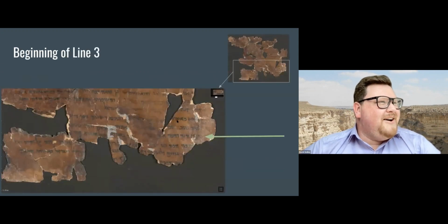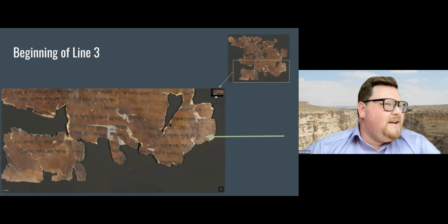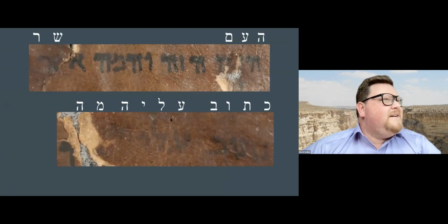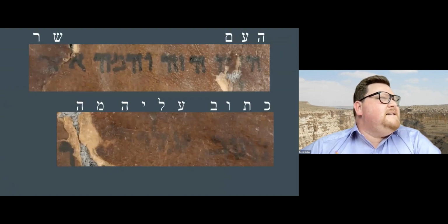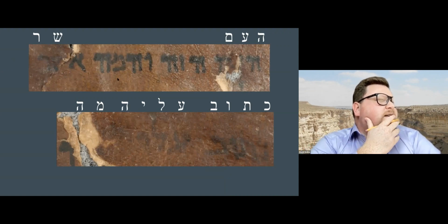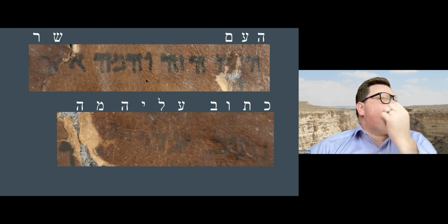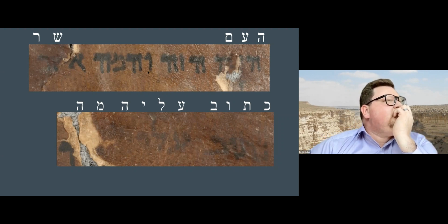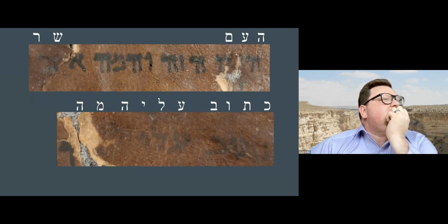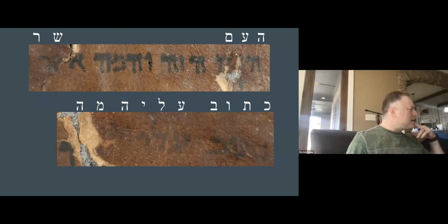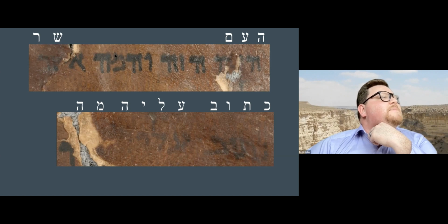Okay, so we started line 3, and then we'll just keep on rolling. So we had the Ha'am Hazeh here, and now let's see if we can figure out this next word. It looks like we either have a yod or a vav here, right? Got the little lip. Mem. Yeah, you can see the little tail up top here.